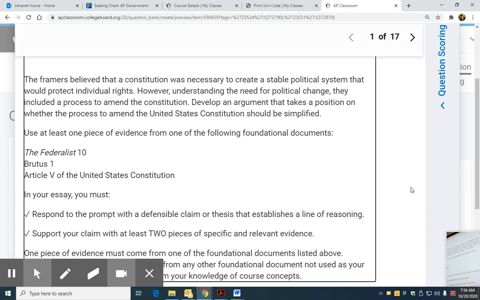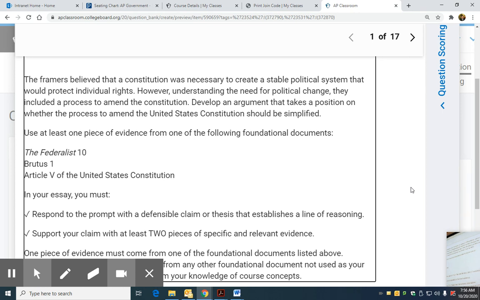That's not what it's asking you to defend. Not for or against it. We're getting closer though. Whether you should simplify the process to amend the Constitution. Whether you believe that the amendment process should be simplified or left as is. Right? Left as is. So should we keep the amendment process as is, or should it be simplified?